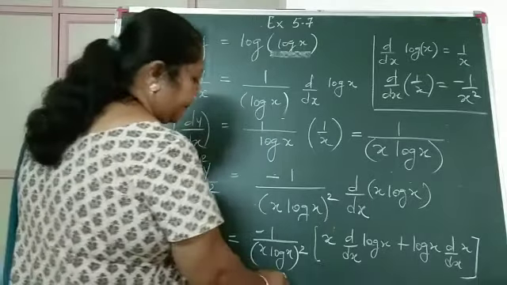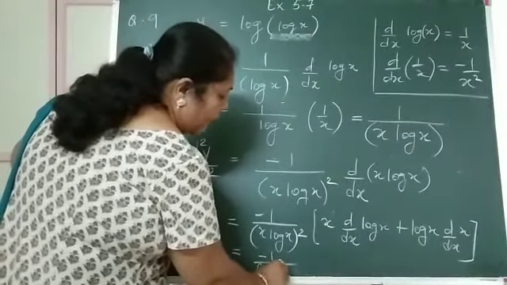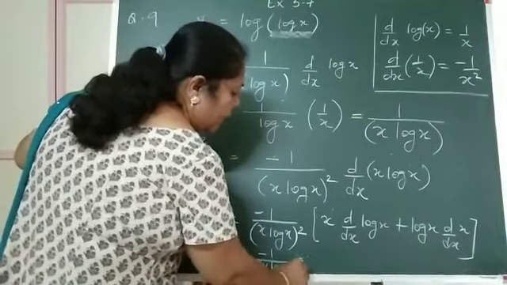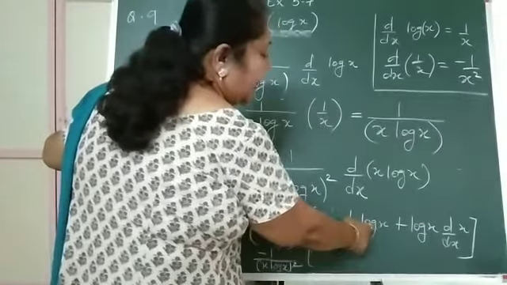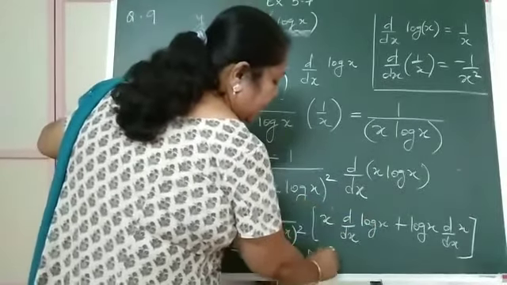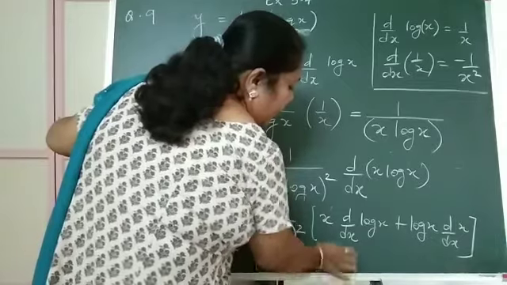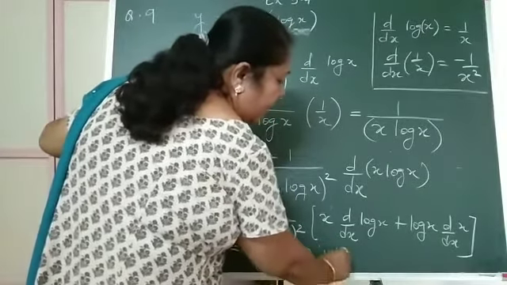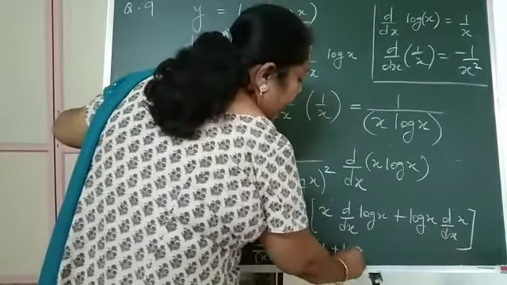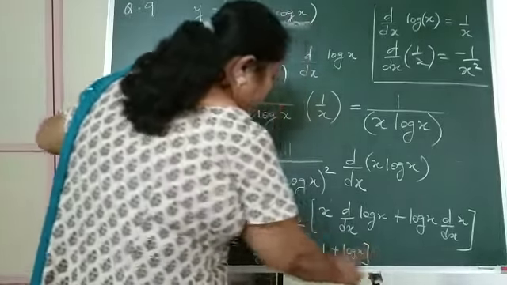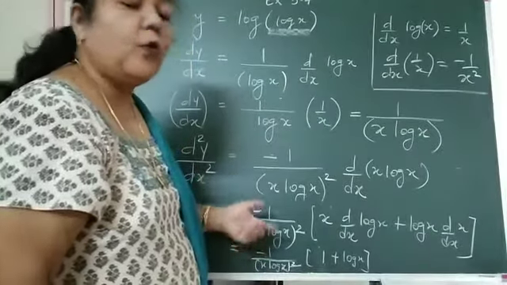So now I have minus 1 upon x log x the whole square, and in my bracket, the answer will be: x into 1 upon x, that will get cancelled and become 1, plus the differentiation of x becomes 1. So I have only log x. So my answer will be minus 1 plus log x upon x log x the whole square.